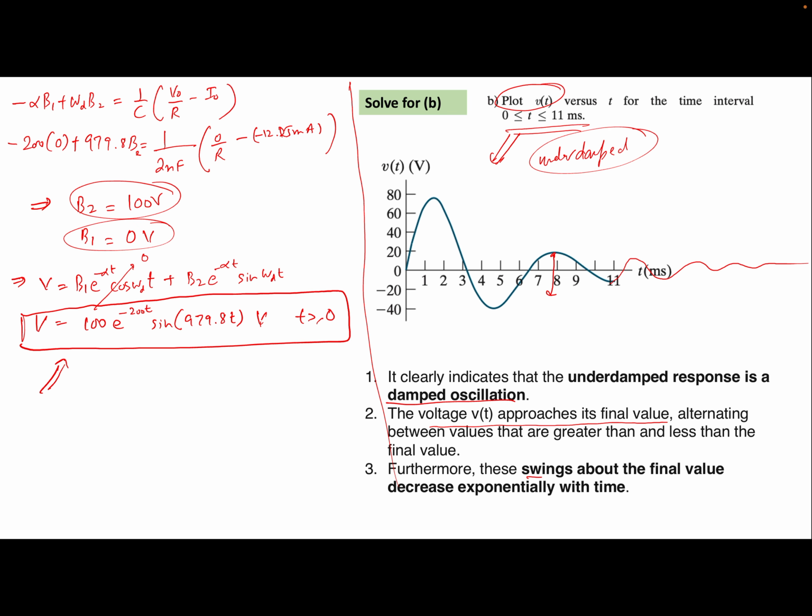The swing about the final value decreases exponentially with time, and as you can see, the swing started from here, it reduces, it further reduces, it is going down. The swing across the final value exponentially decreases because of e raised to minus alpha t, or in this specific case, e raised to minus 200t. So the oscillation is exponentially decaying to reach a steady state, which is the final value over here.